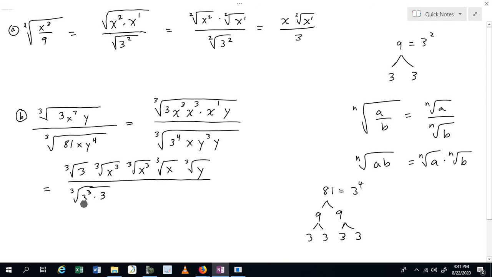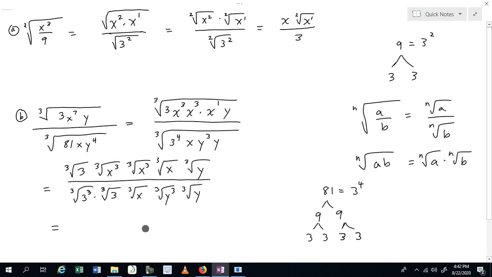So I can write it as 3 cubed once, and then I'm left with one 3, because those exponents would add up to 4, right? But then I'm going to break this up into 2 radicals, right? So I'm going to write it as cube root of 3 cubed times the cube root of just 3. Okay, and then the cube root of x, cube root of y cubed, and then times the cube root of y.